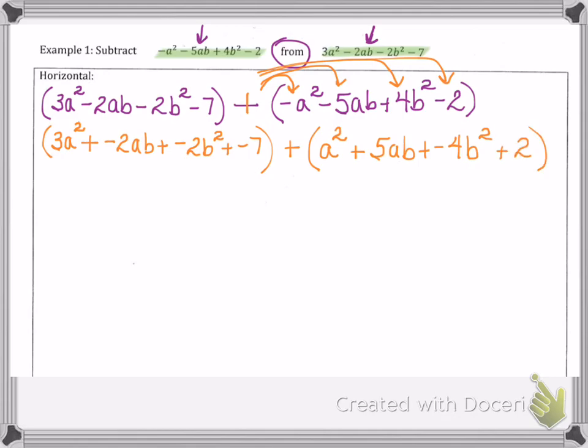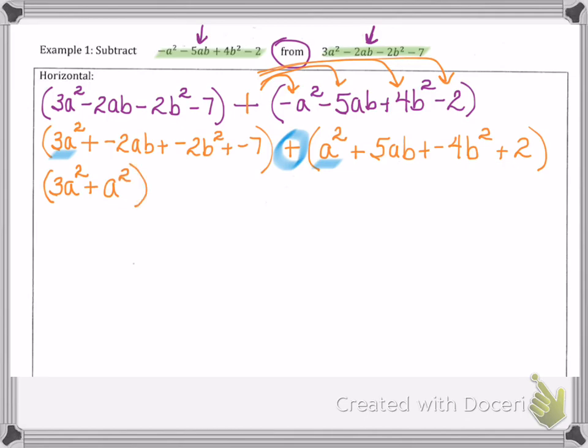Now what I want to do is look at the things that are like terms. I'm going to start with the ones with the highest exponents. So let's start with 3a squared. We are going to add that to its like term, which is the a squared. Following the horizontal method, we write those in the same set of parentheses.